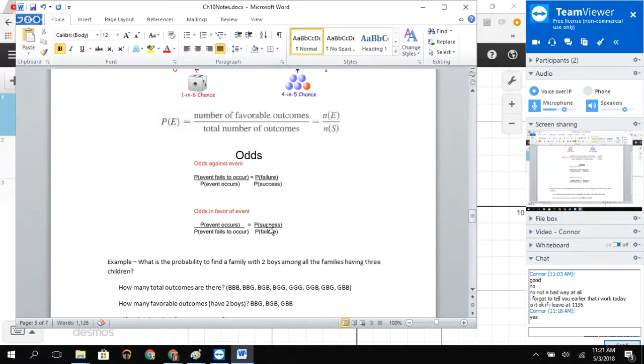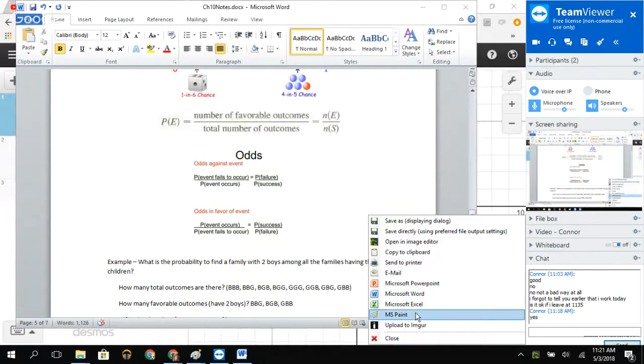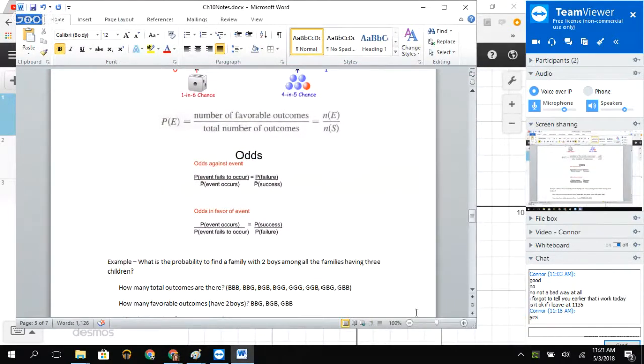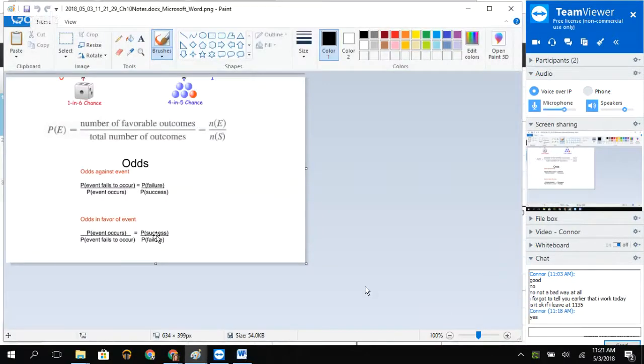So the odds would be, let me pull this over. The odds that I will roll a 1: there's 1 chance that I will roll a 1, and there's 5 chances that I will not roll a 1.